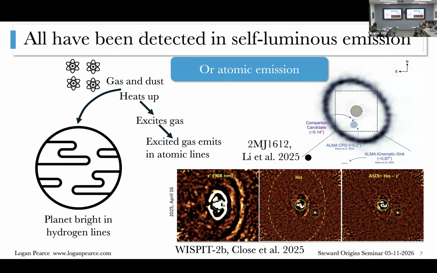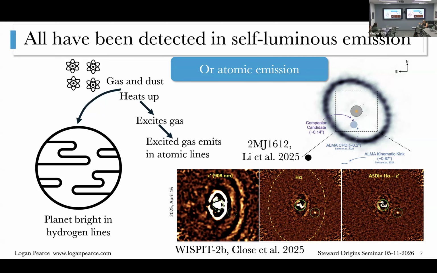A small amount have been detected through atomic emission. So again, when the gas and dust material falls into the gravity well, it can excite the gas, and that emits along atomic emission lines. There's been some success with detecting planets through their H-alpha luminosity, so looking specifically at the H-alpha line.